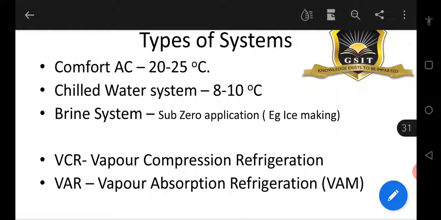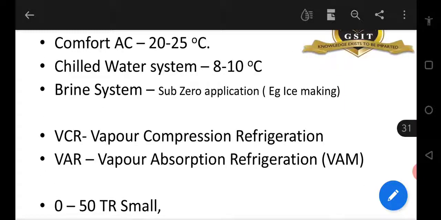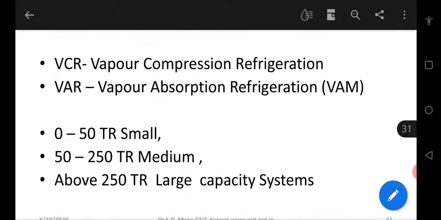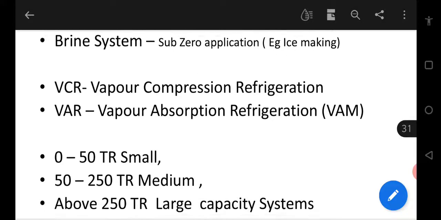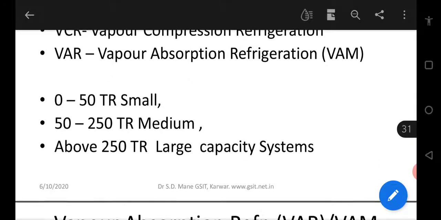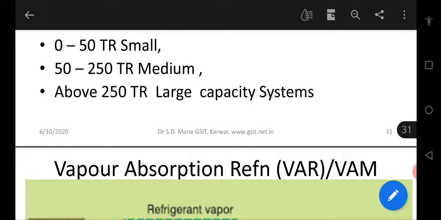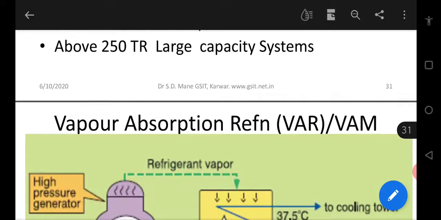So they put salt in it, sodium chloride, and that solution is known as brine, which is exclusively used in ice making applications. You have VAM, vapor absorption machines, and vapor compression refrigeration systems. The classification is 0 to 50 ton rating as small, 50 to 250 ton as medium capacity, and above 250 tons as large capacity systems.